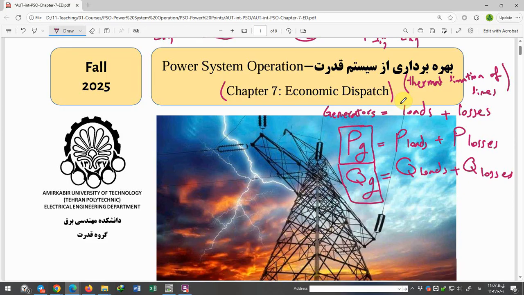The economic dispatch means that you have to consider economy and produce PG with lower money, with lower cost.